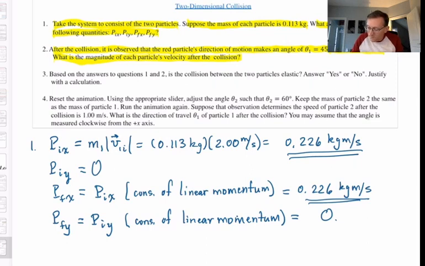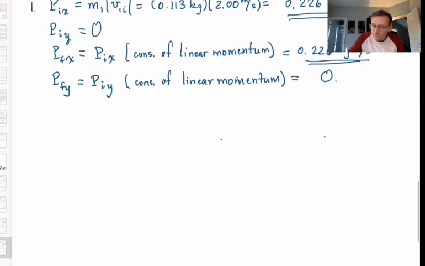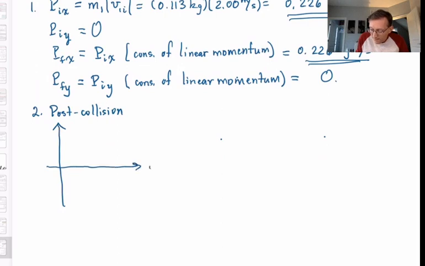Let me get myself some space because I'm going to want to draw a little bit here. I know we have the animation, but I'm going to draw my own sketch of post-collision. What's going on after the collision? So we have our XY coordinate system, our axes labeled. The collision happened basically in the vicinity of the origin.